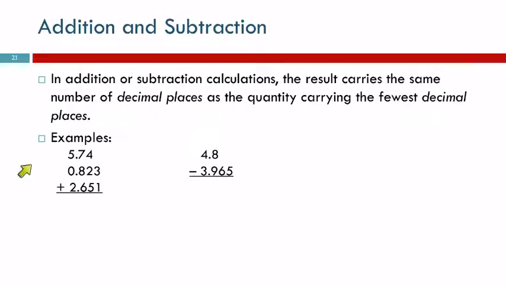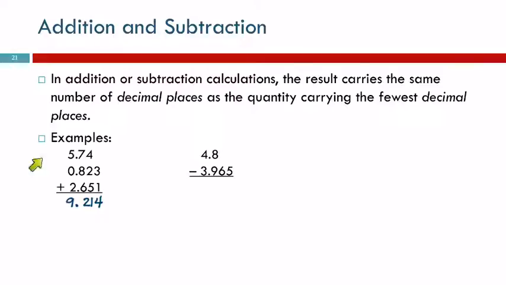So if I do this calculation here, I've got 5.74 plus 0.823 plus 2.651. I'm going to write down what my calculator gives me. Did I do it right that time? Okay. Phew.